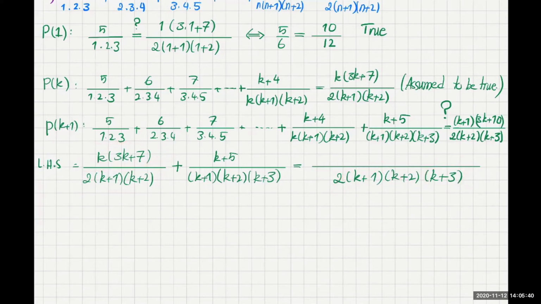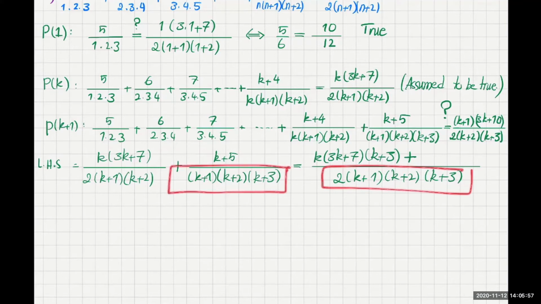So this becomes k times 3k plus 7 multiplied by k plus 3. Then I have a positive plus sign here, and then I compare this with this one. If I divide these two, then only 2 is left because these are gone. So this 2 is left, I multiply 2 in this numerator. So it becomes 2 times k plus 5.